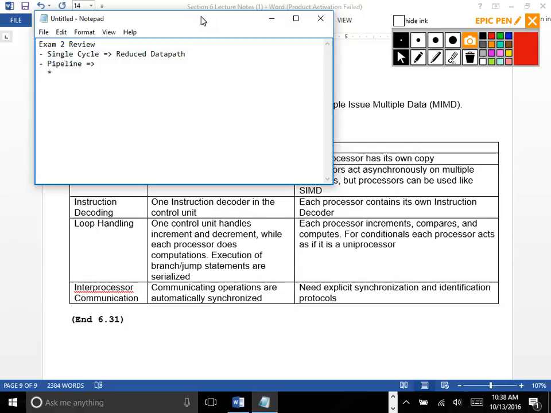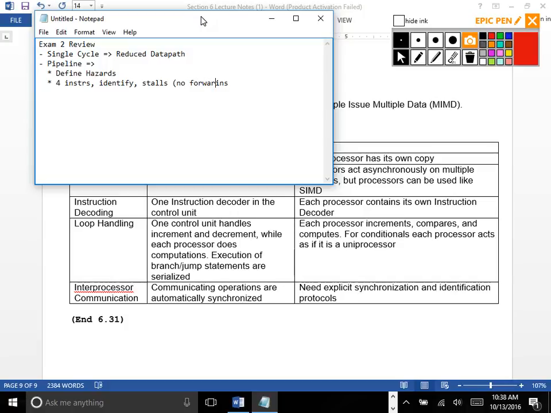Okay, so hazards, so define hazards. And what else? Identify hazards. So remember that 3-part problem where you had 4 instructions, and then you had to identify where the hazards are, as well as how you insert stalls with no forwarding.